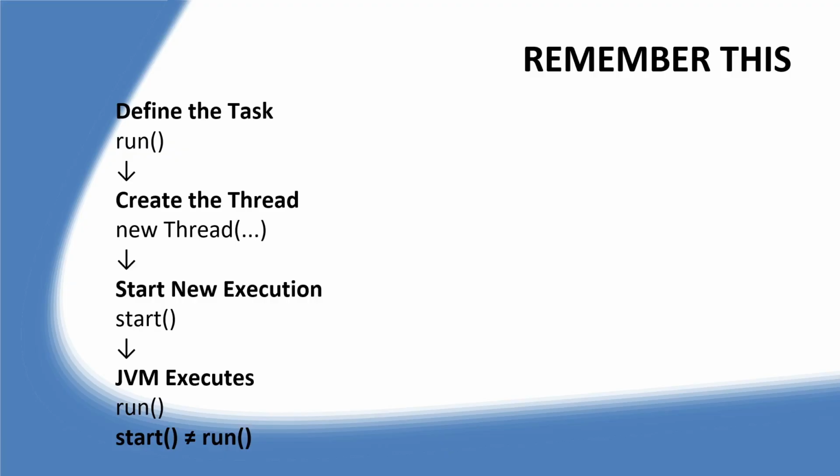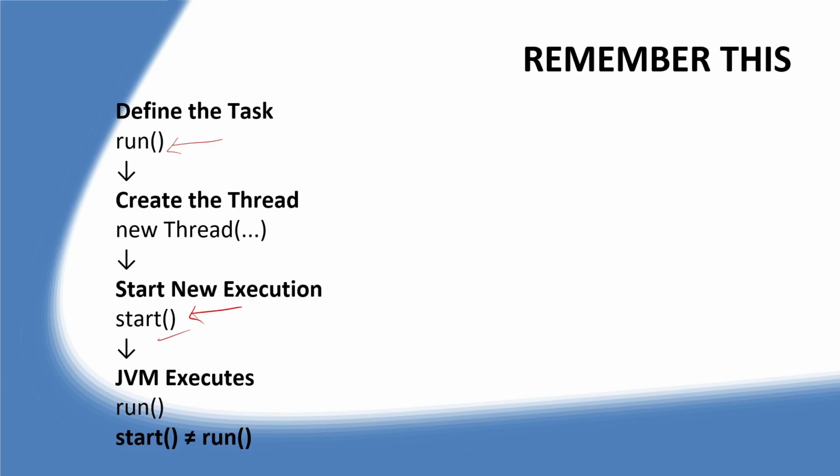So here is the simplest way to remember everything we learned. The run method defines the work that should be performed; it defines what task needs to be done. A thread represents a thread of execution. And calling start begins the life cycle of a new thread, which internally executes the run method.